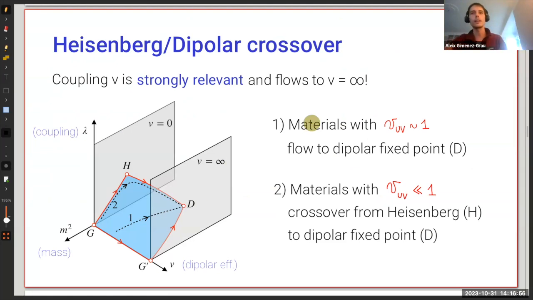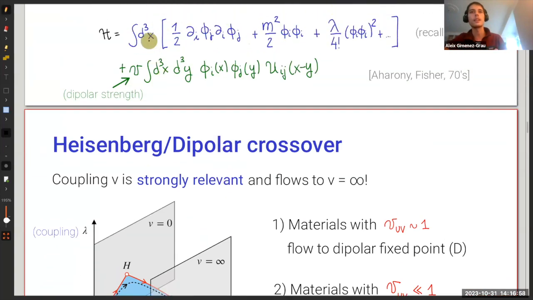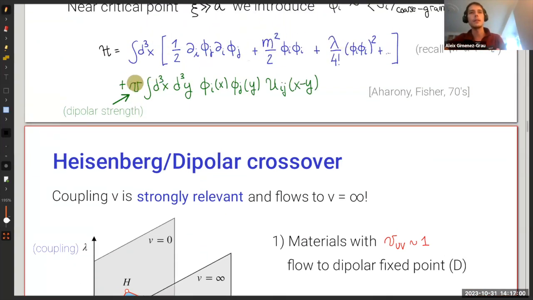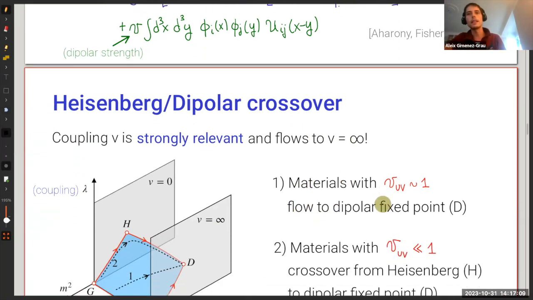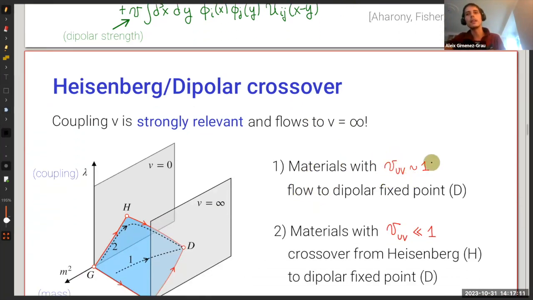These different couplings, M, lambda, V, are going to be different for different materials. Let's say iron, nickel, europium oxide, whatever. So for some materials, in the UV, this V is going to be some large number, some order 1 number, let's say.